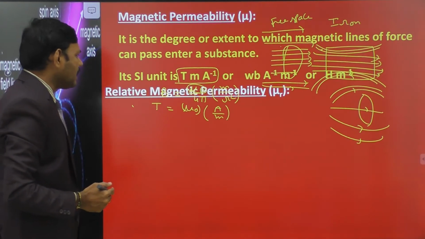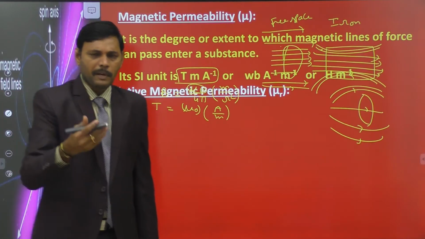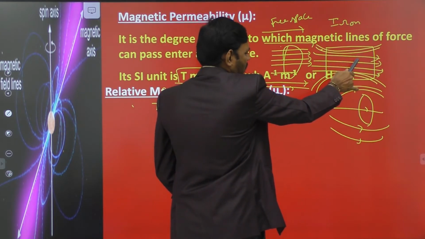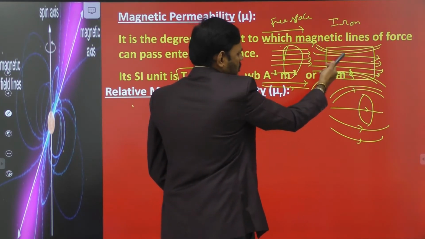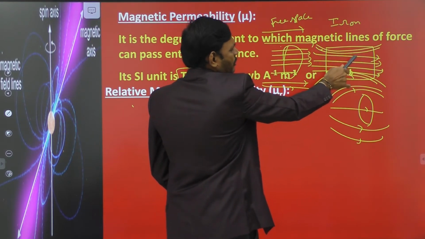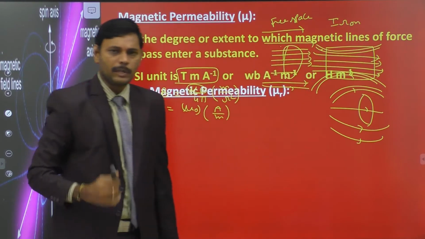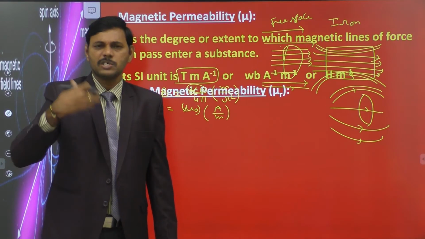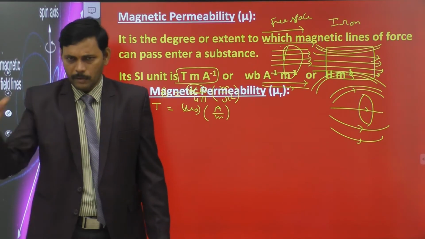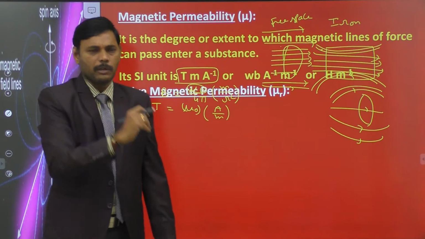So next, relative magnetic permeability. Relative means we compare the magnetic permeability of a given medium. This is a medium made up of iron and this is free space. These two have different values. When you take the ratio of the permeability of the medium to the permeability of free space, that becomes the relative permeability.